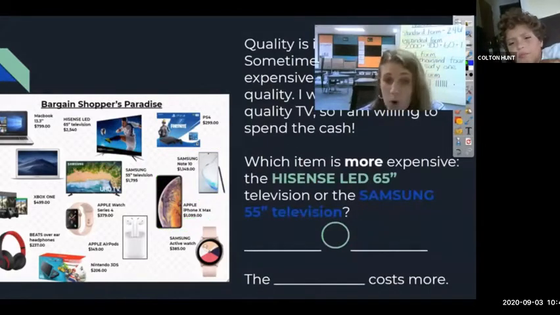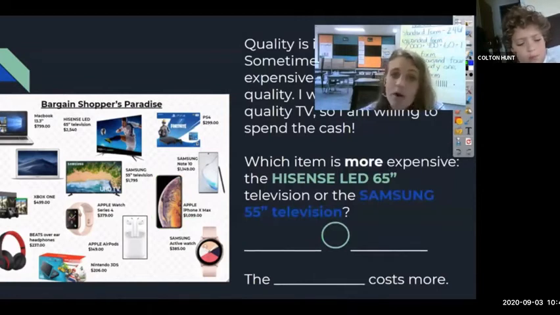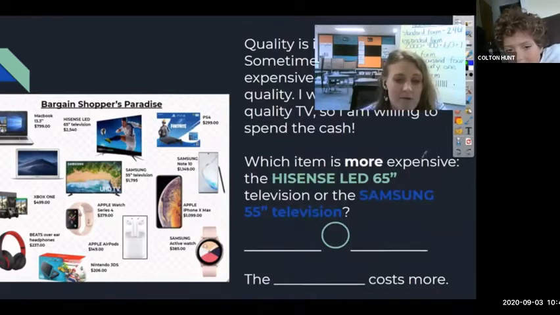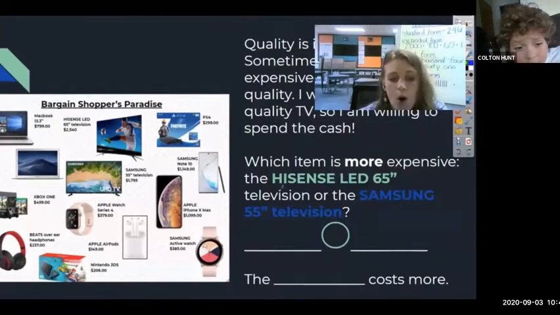Quality is important. Sometimes the more expensive the item has a higher quality. I want the highest quality TV, so I'm willing to spend the cash. Which item is more expensive? The Hisense LED 65-inch or the Samsung 55-inch television?